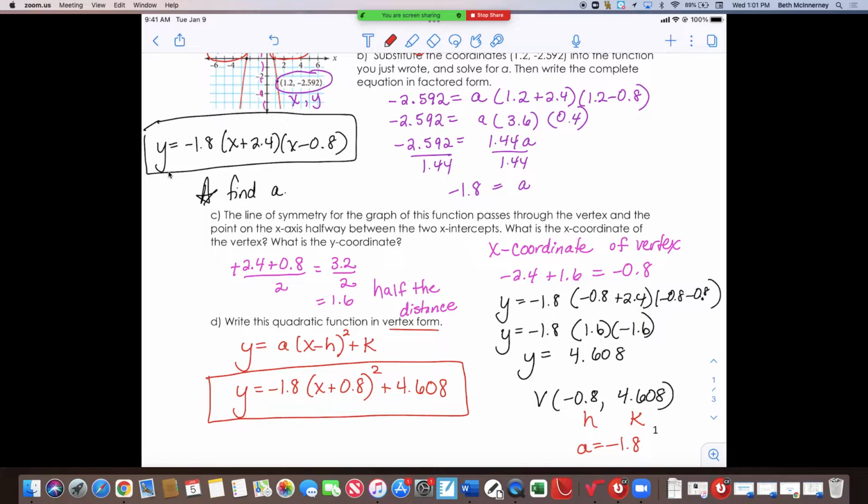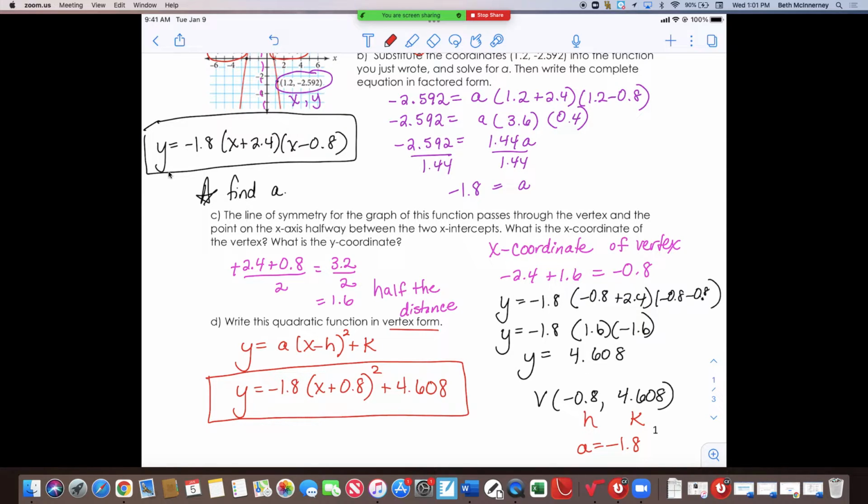If I want to determine the vertex from factored form, I look at the distance between the two x-intercepts, and then I take half that distance, and then you can either add it to the left side or subtract it from the right side. I could have gone from either side, it's okay. Then once you get the x-coordinate, plug it into your factored form to get the y-coordinate of the vertex. And then we already found a, so you have your a, your h, and your k.